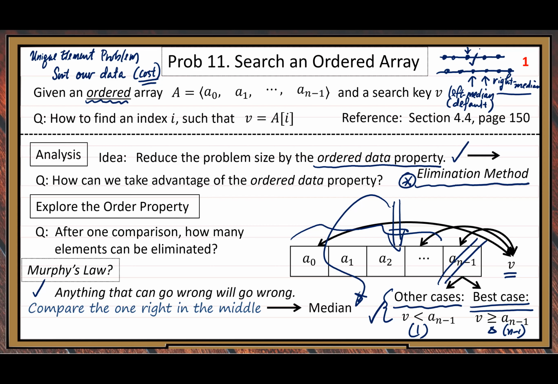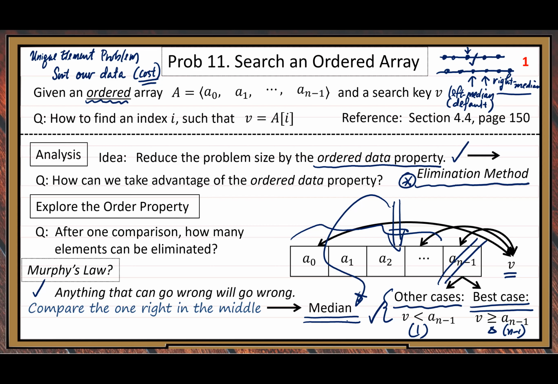Now we use this median concept. If we compare V with the median element, then you have two cases: a left case and a right case. These two cases have almost the same number of elements when you talk about elimination.